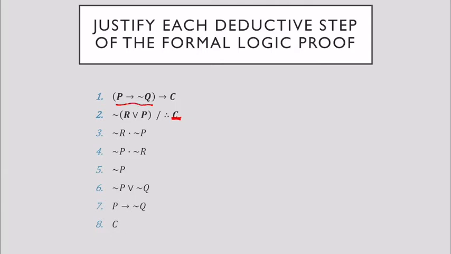If I have not (R or P), right, I can distribute that negation in there using De Morgan's laws, and that becomes not P and not R. That's how we got from 2 to 3. So that's row 2, and that's using De Morgan's laws. You don't have to tell me just which one, because I know there are 2. Just write De Morgan's laws.